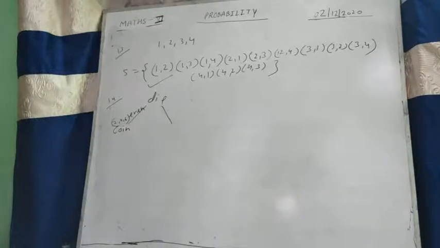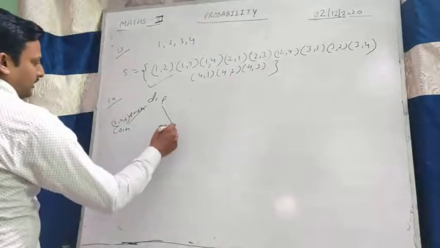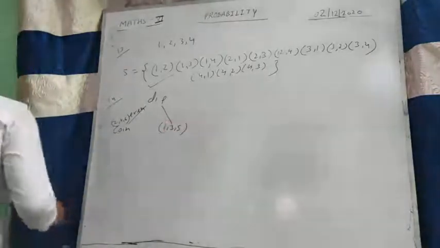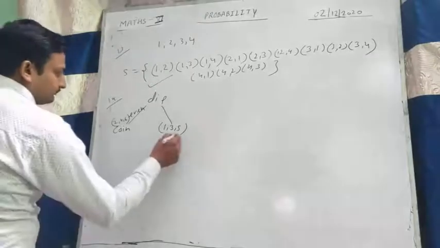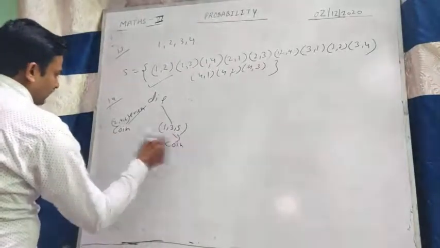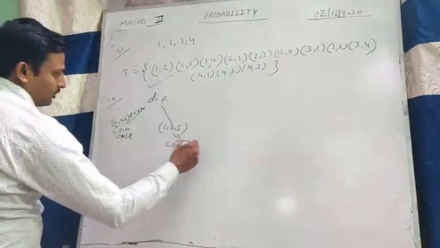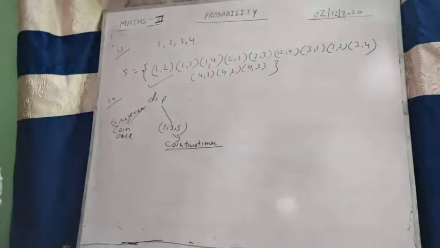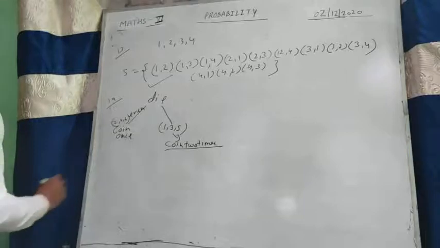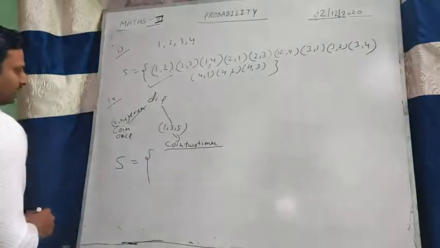If the number on the die is odd, then the coin is tossed 2 times. Here the coin is tossed once, there 2 times. So write the sample space for it.